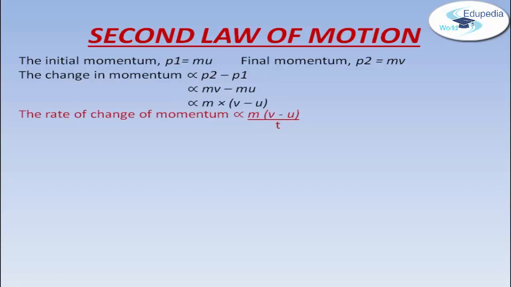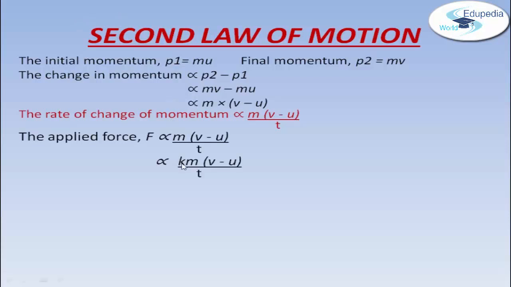which will give you the rate of change of the momentum, which is equal to m into final minus initial velocity divided by t, and that is proportional to the applied force. This k, what is written here, is actually a constant. So F is proportional to k into m into a, because acceleration is v minus u divided by t.